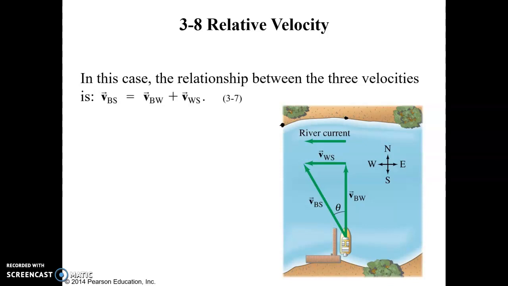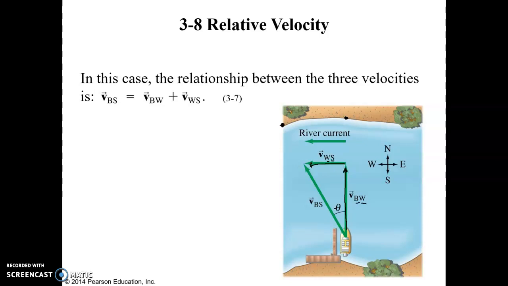In this diagram, we have the boat traveling with respect to the water. So velocity of boat on the water, or with respect to the water. But then we also have the velocity of the water with respect to the shore.